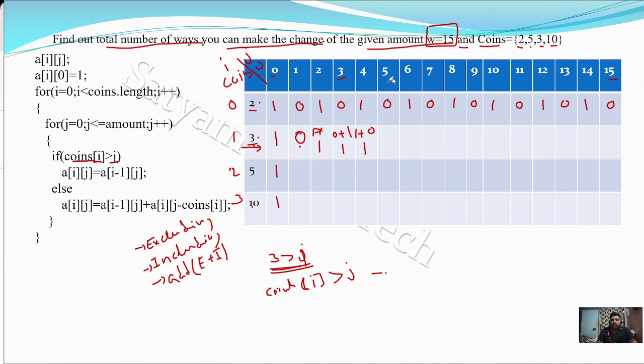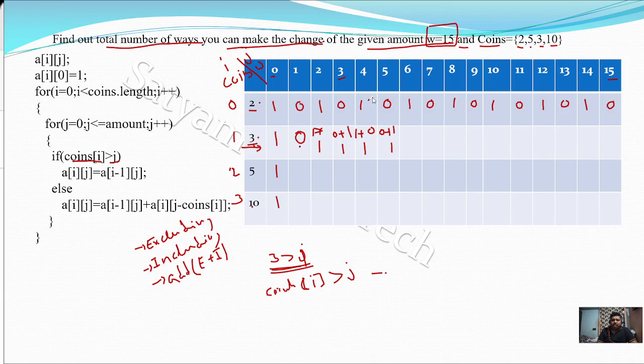Now you can see the value is 5. If you cannot include 3 first, how many ways to make this 5 by using the 2 rupee coin? That is 0. Here you can use the 3. How many ways to make this 5 rupees? Here it is 5 minus 3, that is 2, and in the second column it is 1, so it is 1.